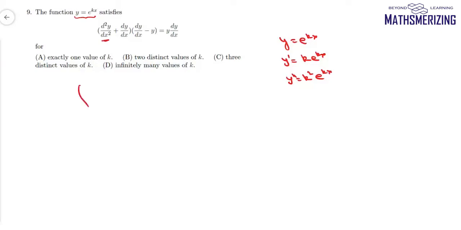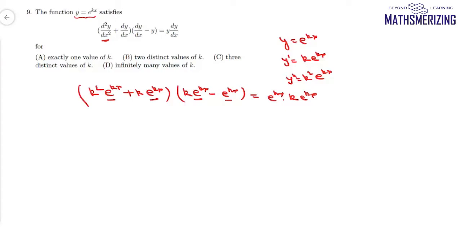The second derivative will be k square e to the power kx, dy by dx is k into e to the power kx, this again is k into e to the power kx, and then minus e to the power kx, and this is y, which is e to the power kx, into y dash, which is k into e to the power kx. So I'll take this e to the power kx common from both the expressions.